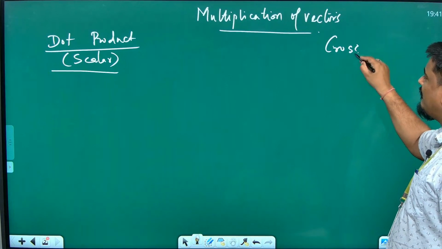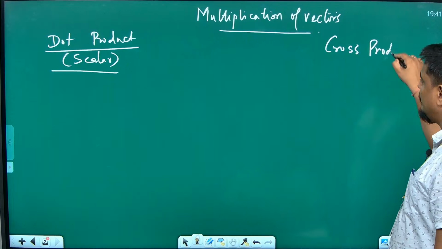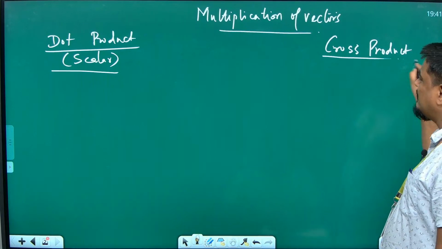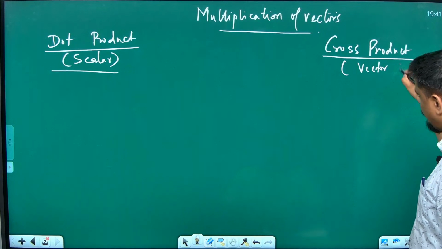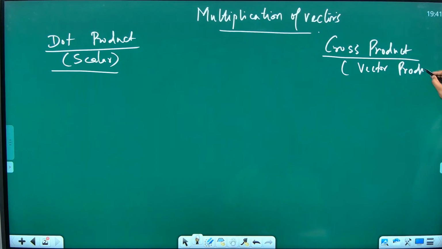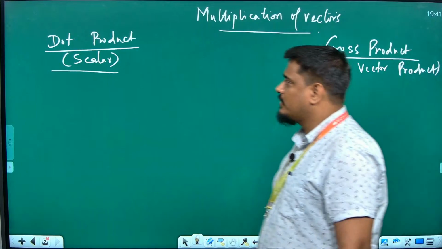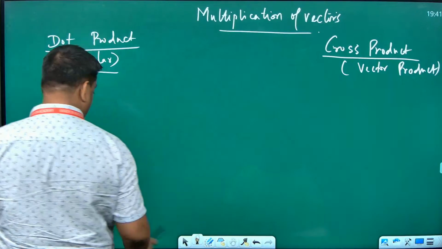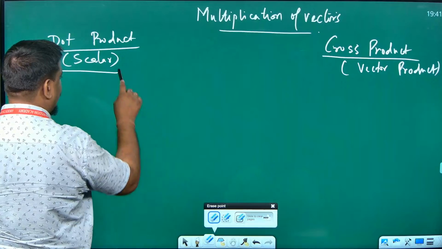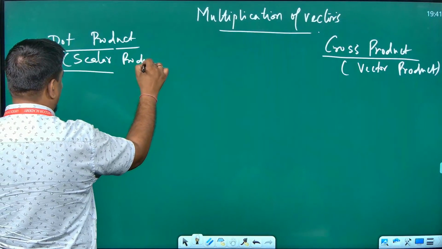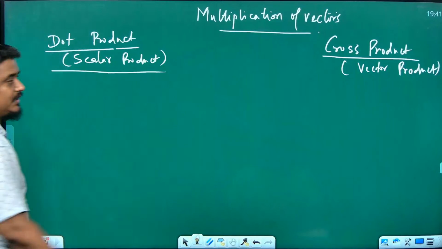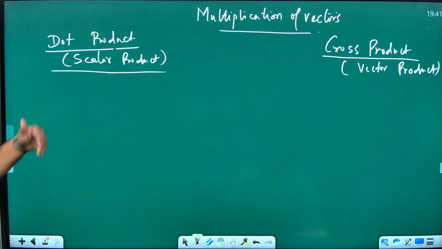Now you may have a doubt, already we are studying vectors, in that what is the meaning of scalar product? Yes, we will learn about that today, how it comes practically also. So dot product is called as scalar product and cross is called as vector product. Why it is called so, we will discuss today. First, I will tell the rule, then I will come to this topic.